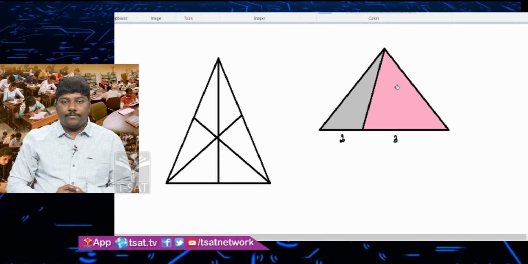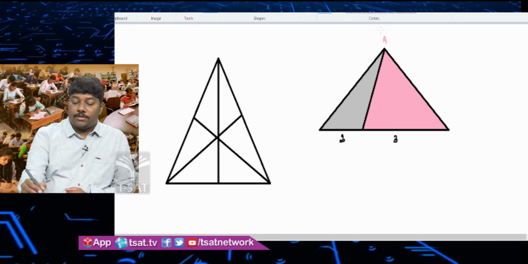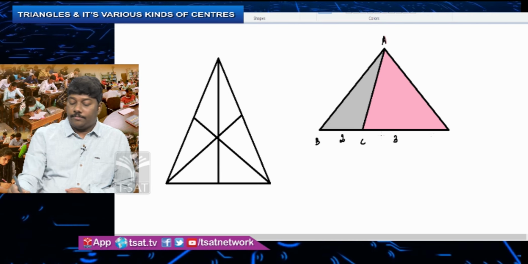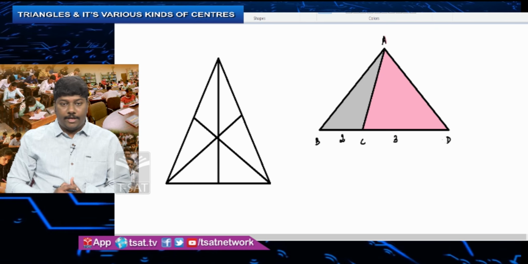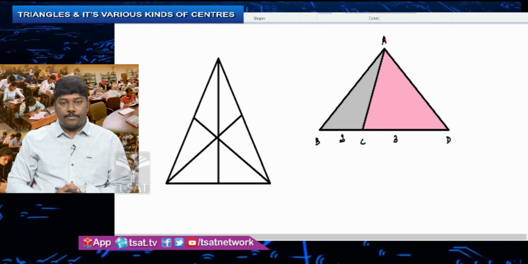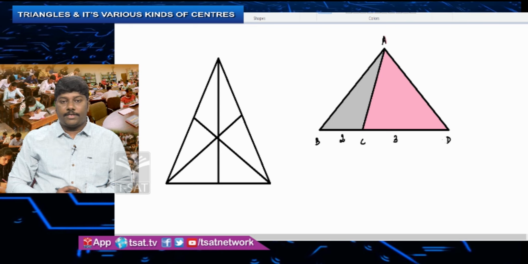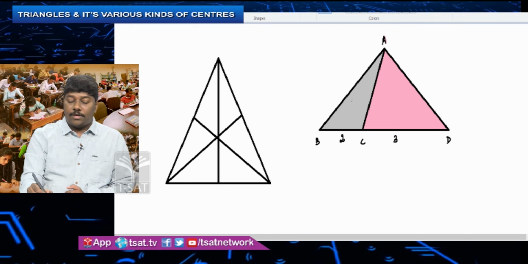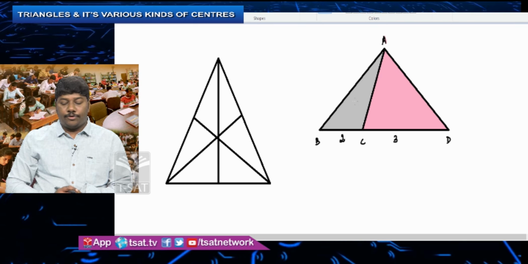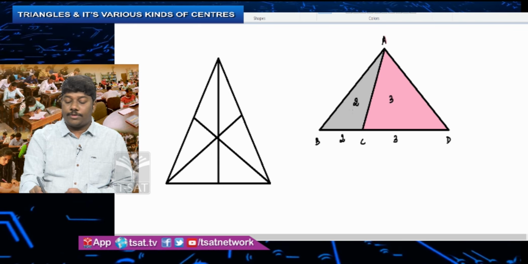If I ask you the ratio of their areas, let me name it triangle ABD. I am dividing triangle ABD by using AC into two triangles, the first one is ABC and the second one is ACD. They are in the ratio 2 is to 3. Their areas are also in the ratio 2 is to 3.